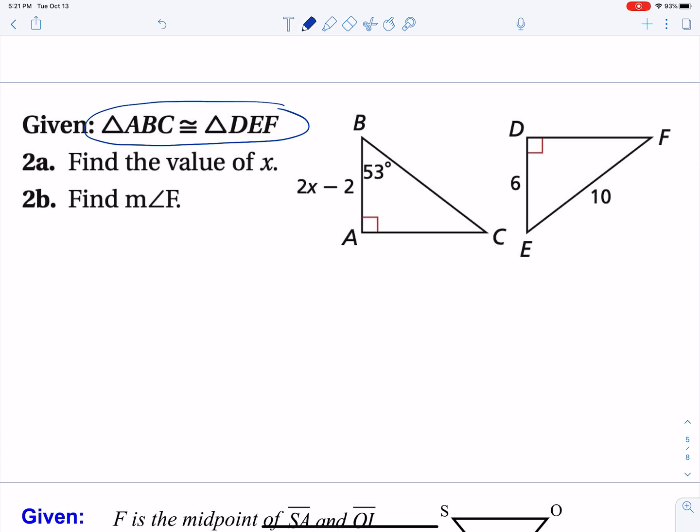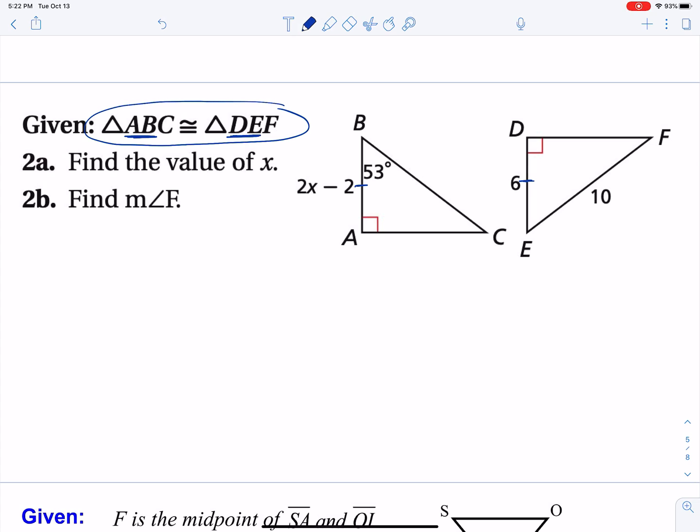I could go in and mark every single corresponding part that is congruent just based off of the directions. So I see side AB here. AB is the first 2 letters. I know that that corresponds and is congruent to DE. So I'm going to mark those sides are congruent.